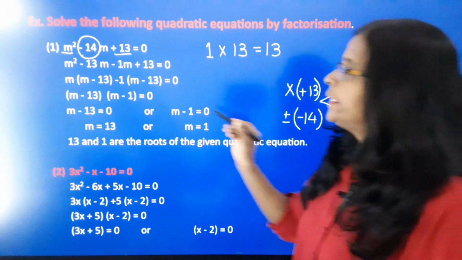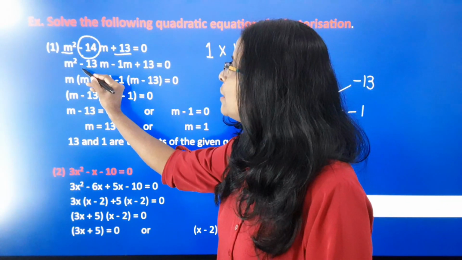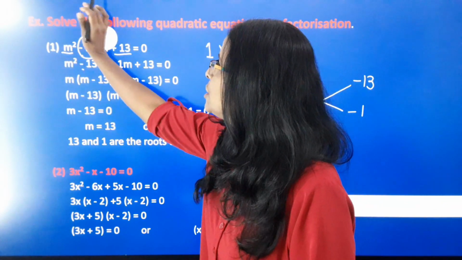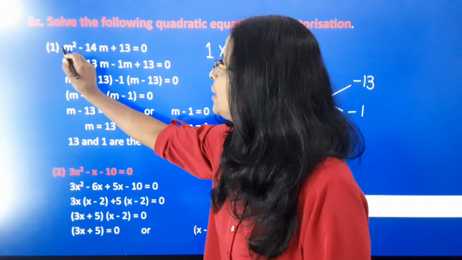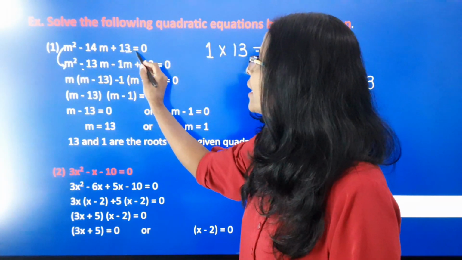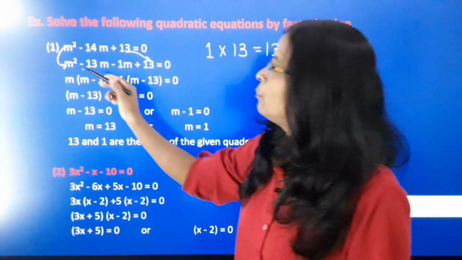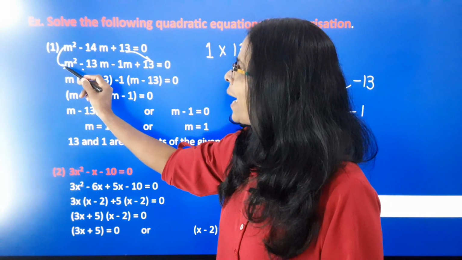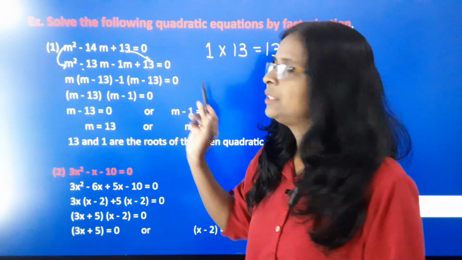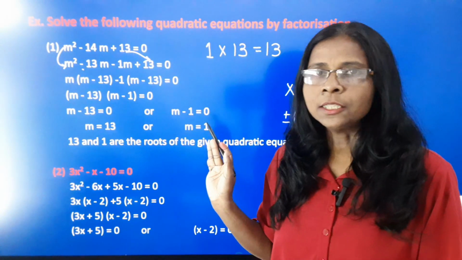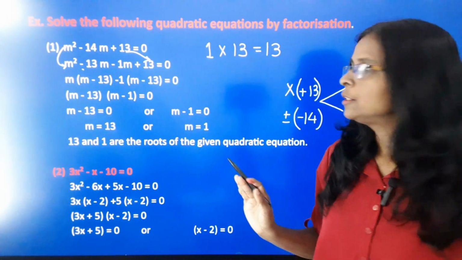Now write these numbers in the middle of the first term and the last term. See students, write down the first term as it is and the last term, that is the constant, as it is. Do not change them.